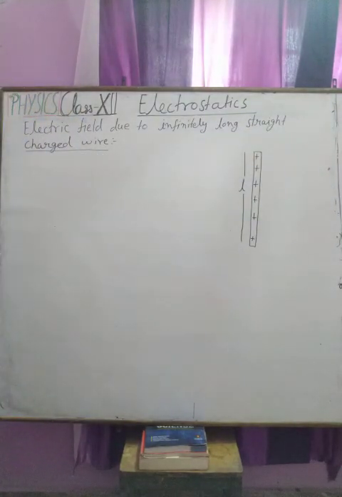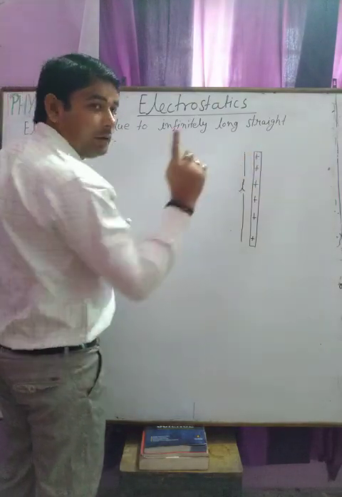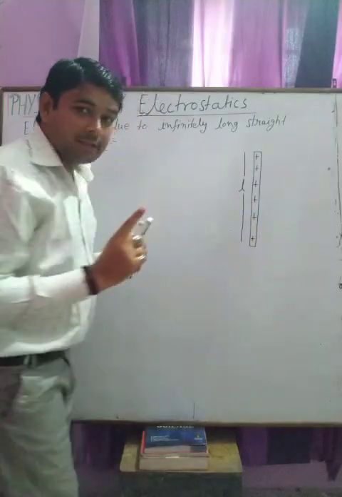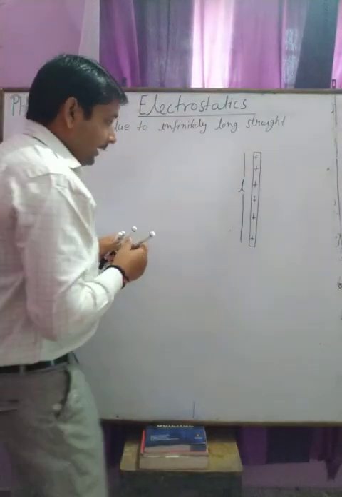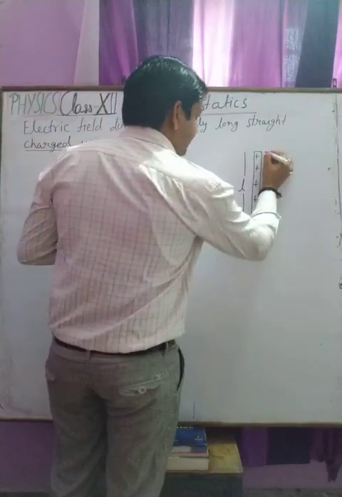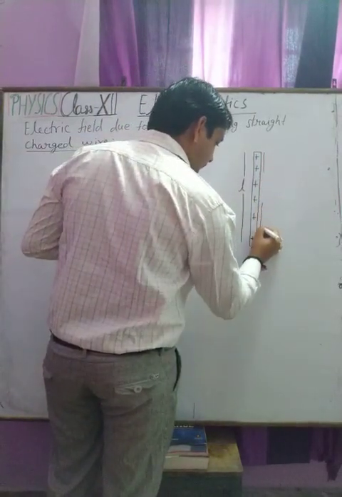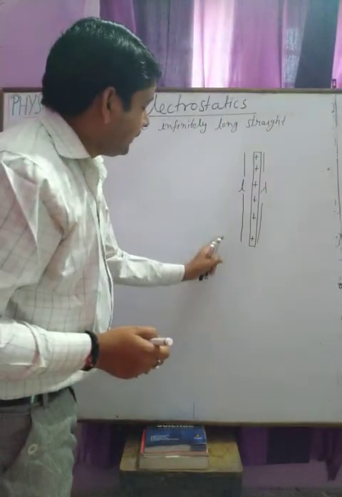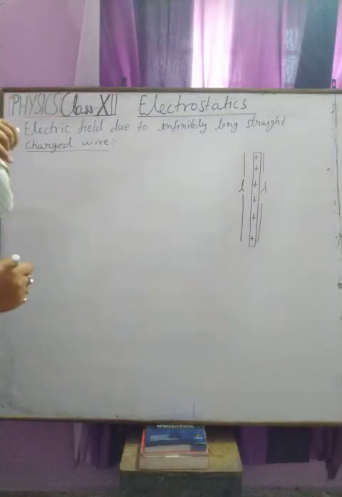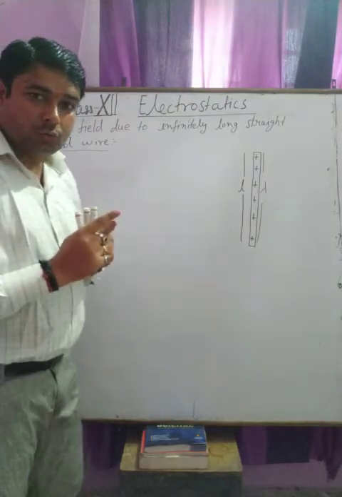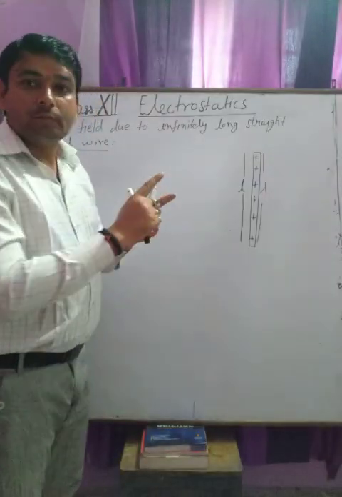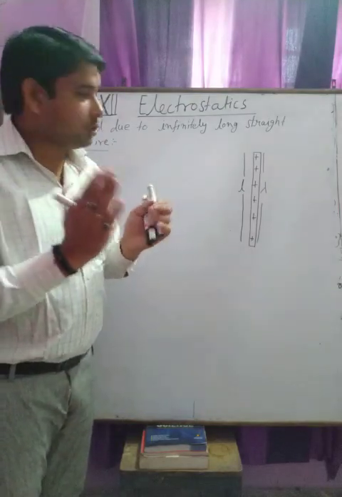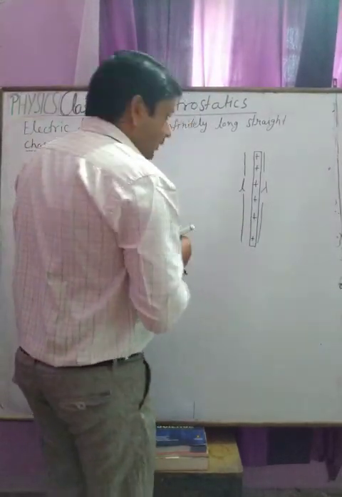Okay student, now I am taking here a charged wire which is charged with plus q charge and having a charge density lambda over the length L. For calculating electric field due to this charged wire, we first need to imagine a Gaussian surface.